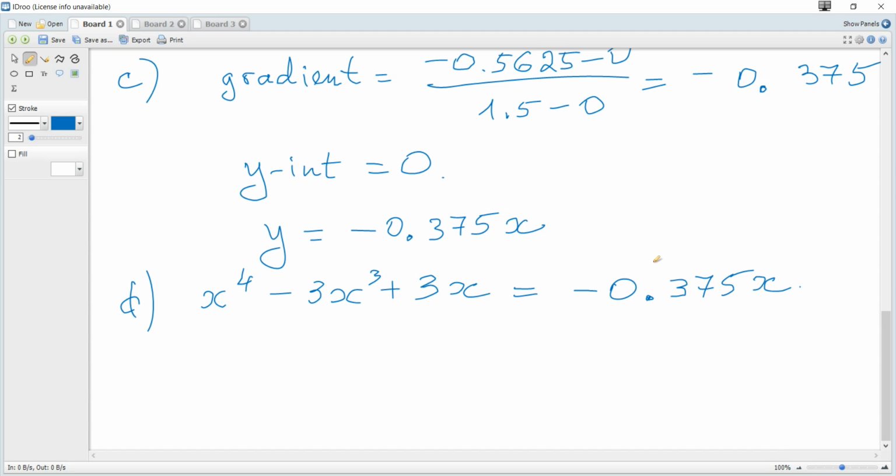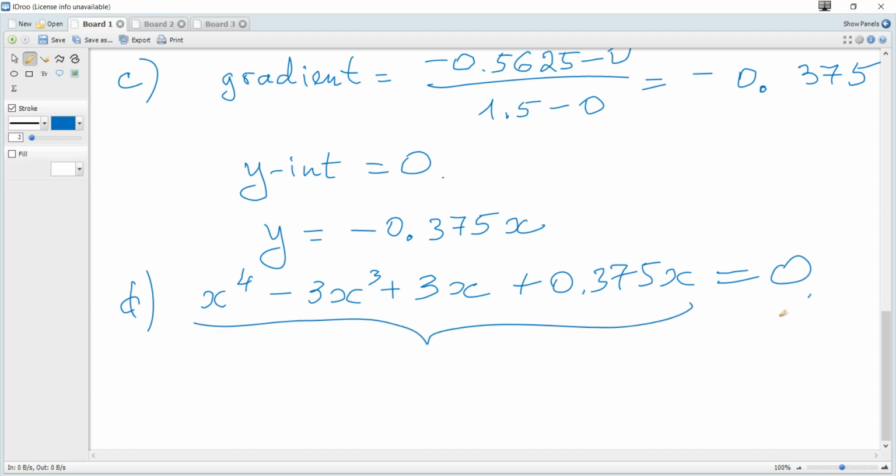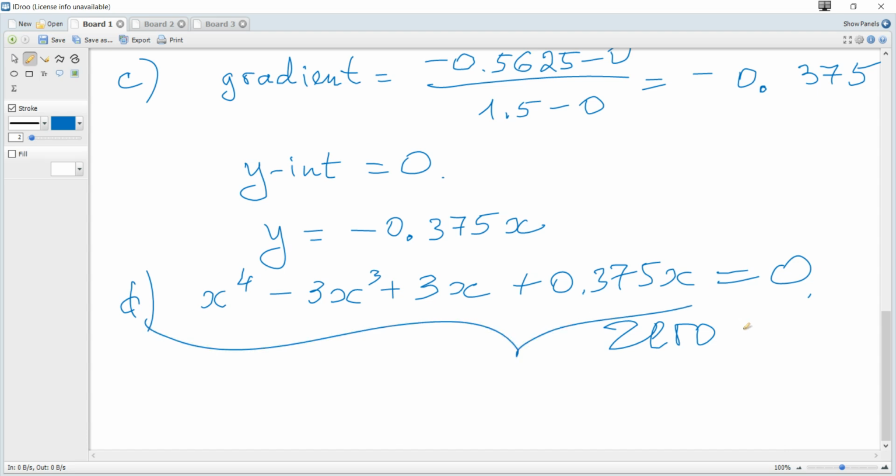But I want to move it to the left, to consider plus 0.375x equal to 0, and I will consider only one graph and its intersection with y is 0, the x-axis. I need the zeros or roots of this function.